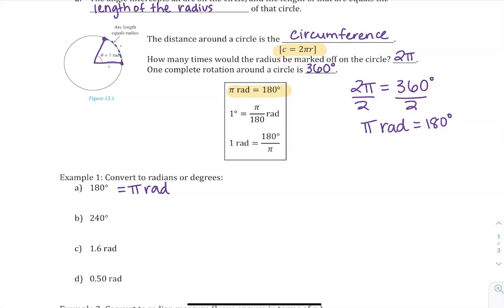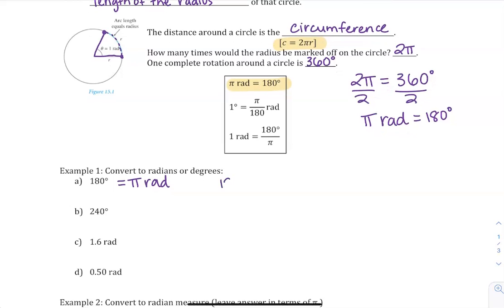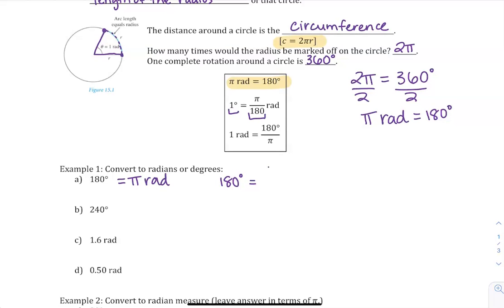But how would we do the math to show that? Well, you would take this 180 degrees, and we see that 1 degree equals pi over 180 radians. So 180 degrees equals 180 degrees times pi over 180, and that 180 and that 180 cancel, and you're left with just pi as being your number of radians.